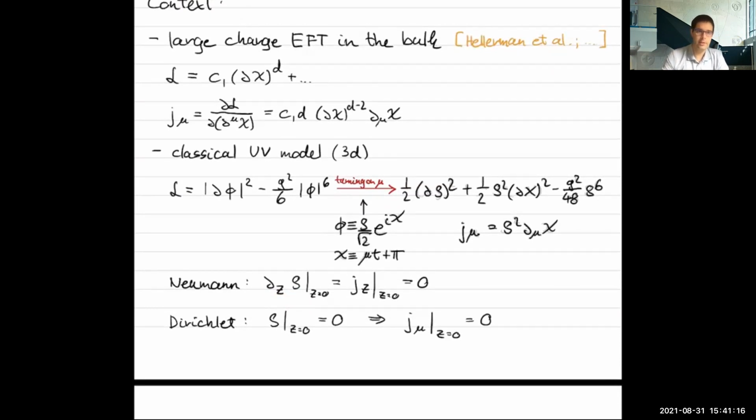Whereas Dirichlet boundary conditions would mean that rho, the magnitude of the field, is 0, and that implies through this equation that all components of the current vanish at the boundary.